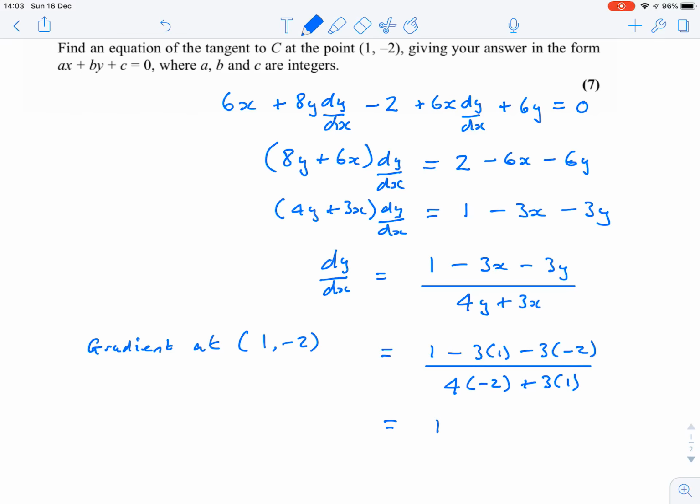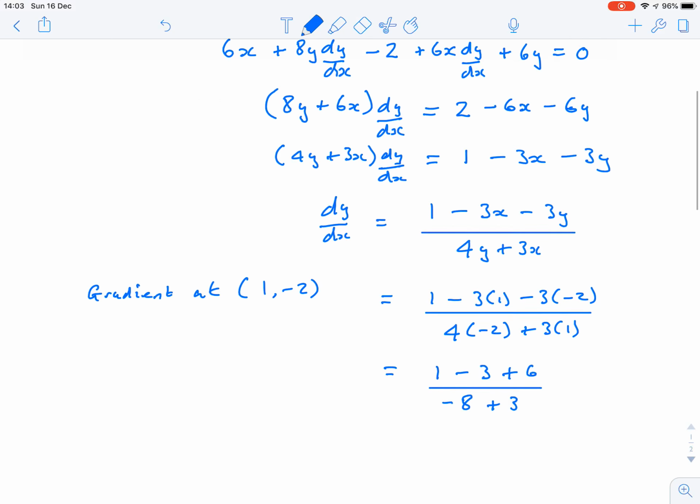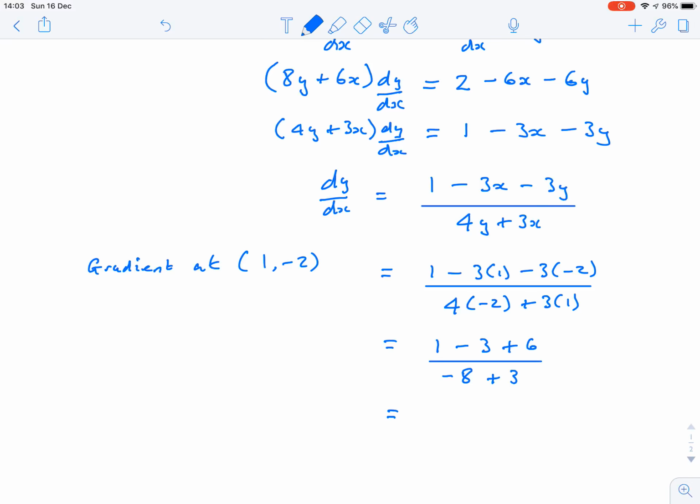So that's 1 minus 3 plus 6 divided by minus 8 plus 3. 1 plus 6 is 7, take away 3 is 4, and minus 8 plus 3 is minus 5. So the gradient is minus 4/5.